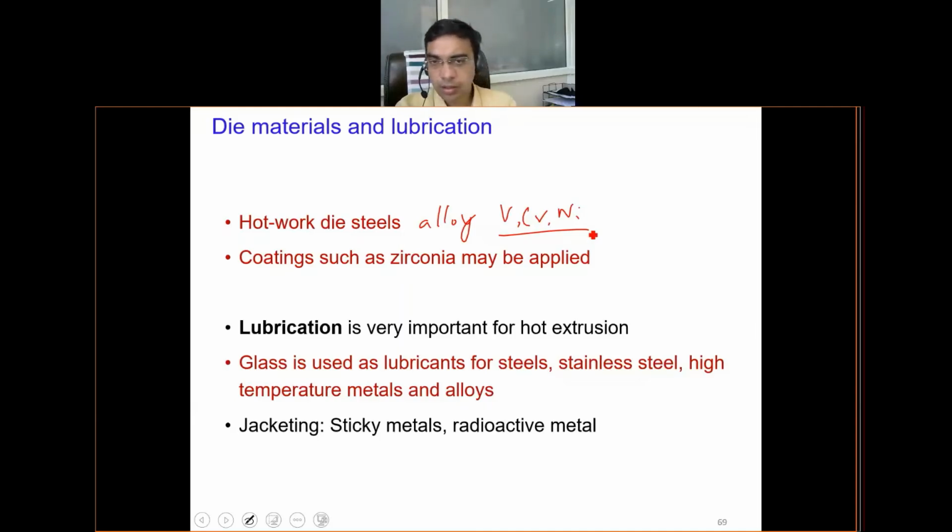Additionally, some coatings are also applied on these dies, one of which is zirconia. So this is the material of the dies used in the extrusion process.